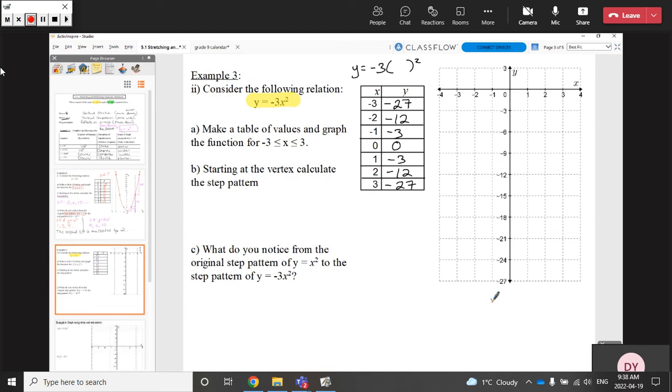So we've made our table of values from negative 3 to positive 3, and we're going to graph this. So negative 3, negative 27, negative 2, negative 12, negative 1, negative 3, 0, 0, bam, bam, bam. Okay, try to draw in your smooth curve as best as you can here.